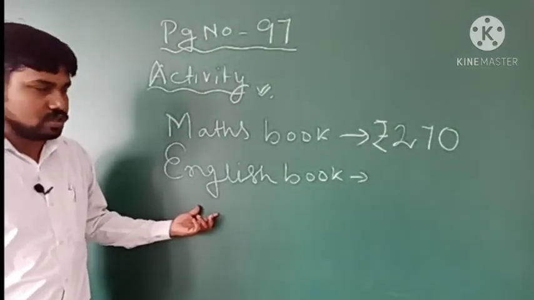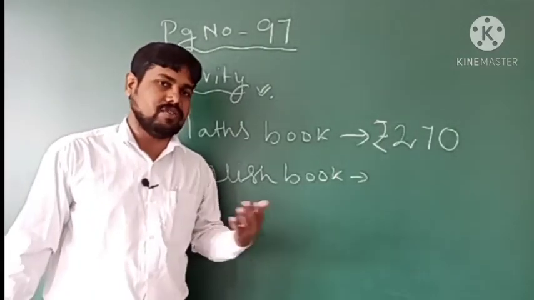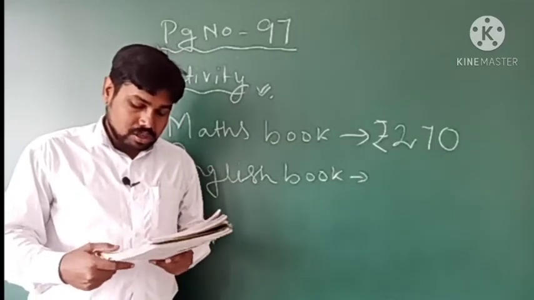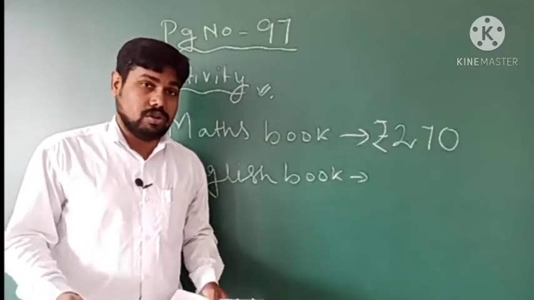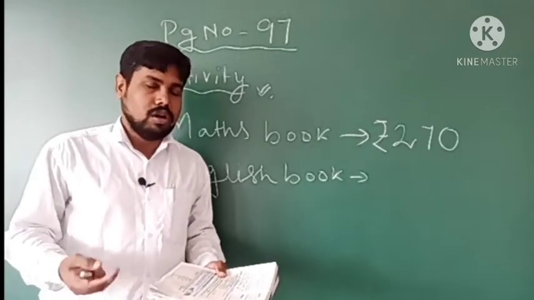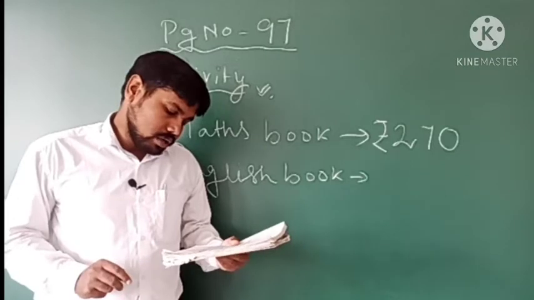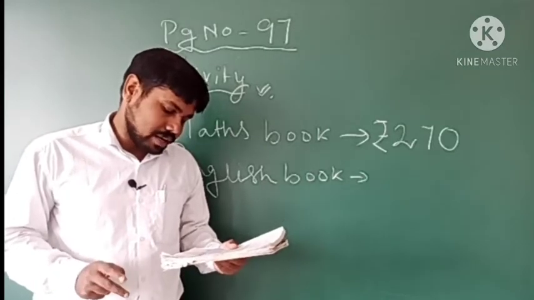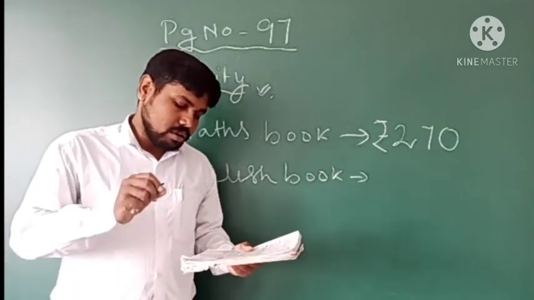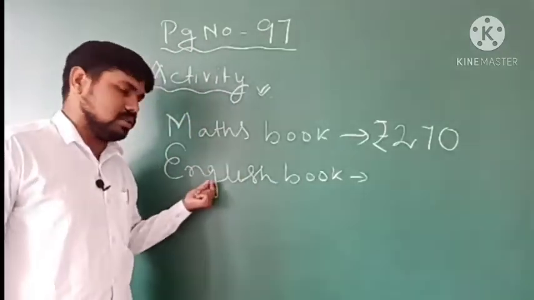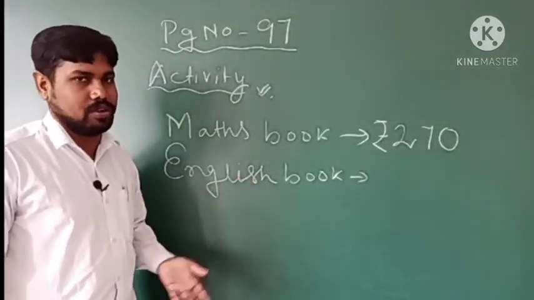You don't have a science book, you can consider the EVS book which we have, since we have the EVS book separately. Or in science you can mention the GK book also. If you are doing it in the book, you can just cross out the science book or leave it, because we don't have any science book.